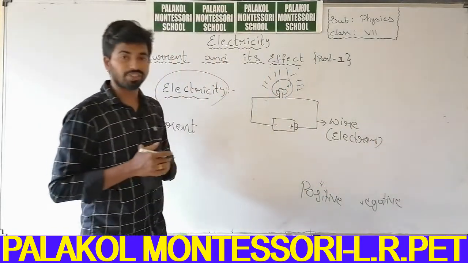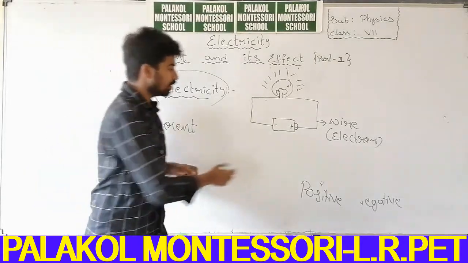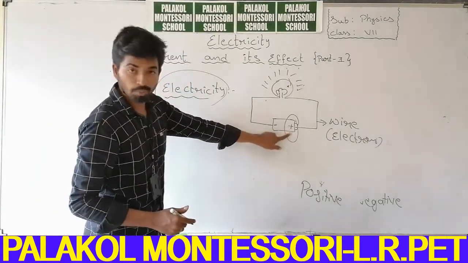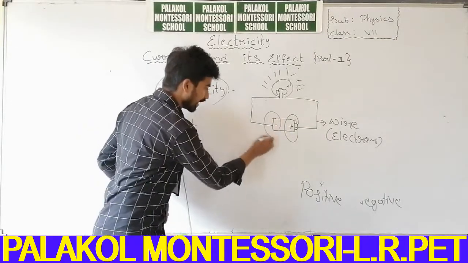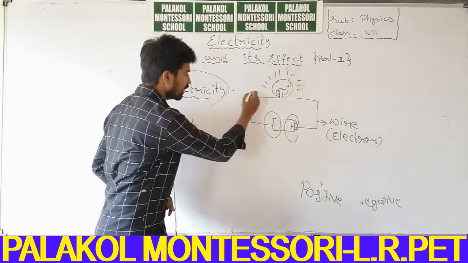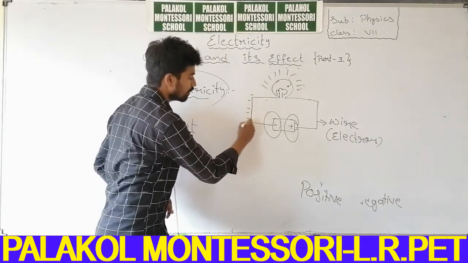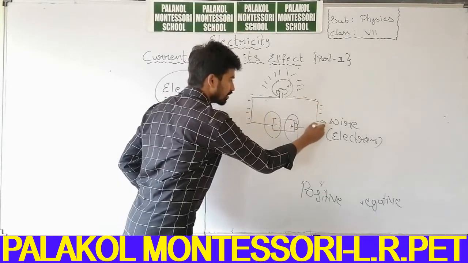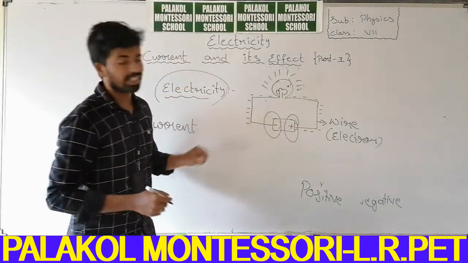The battery has a positive end and a negative end. What is the charge of electrons? This wire consists of so many electrons, that means negatively charged particles.